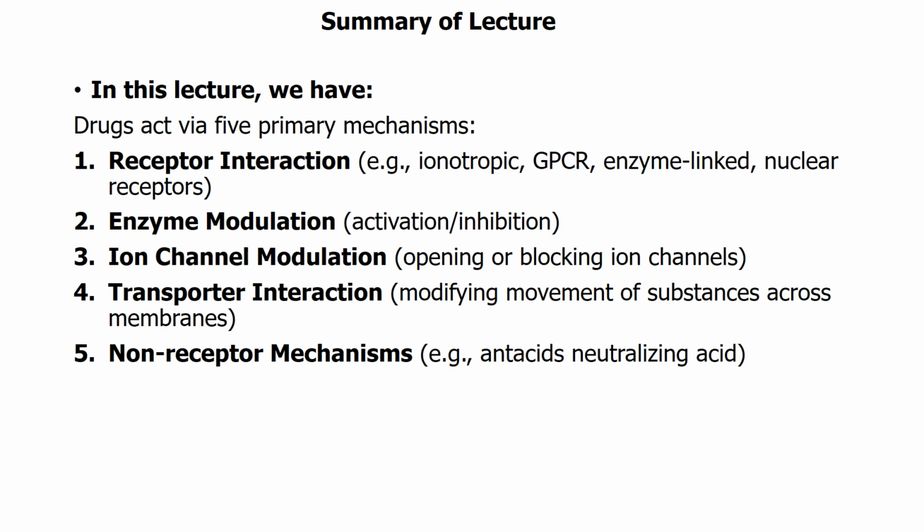Now, in this lecture, what have we achieved? We have known that drugs can act through 5 primary mechanisms, such as receptor interaction, enzyme modulation, ion channel modulation, transporter interaction, as well as non-receptor mechanism.